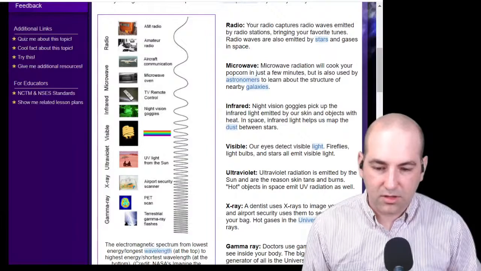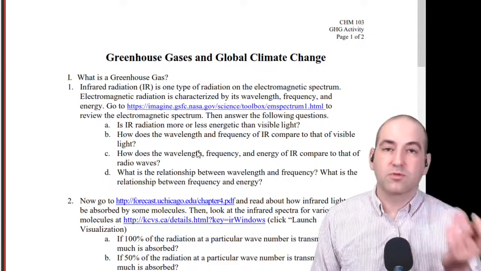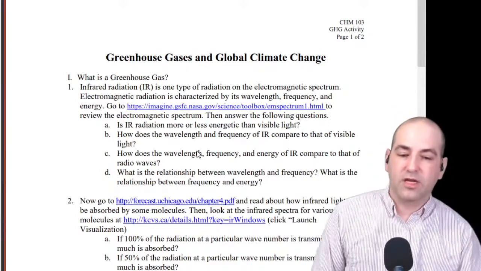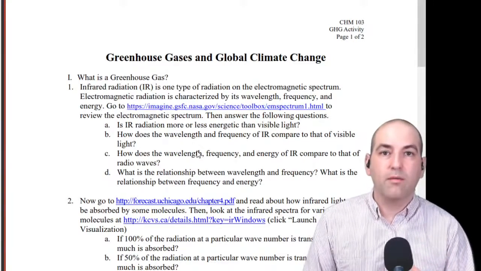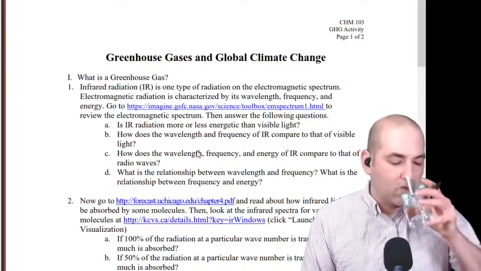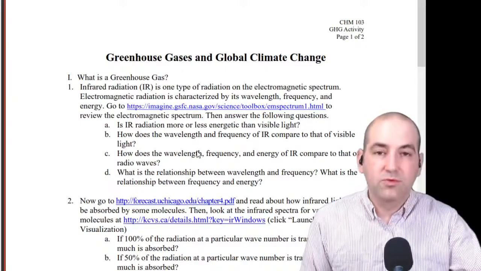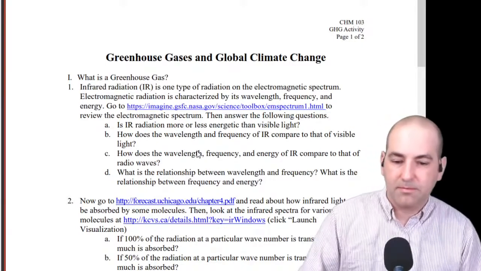Oh, whoops, I need to switch it here for you. So the first part asks you some questions about the electromagnetic spectrum, specifically about infrared light, because that's what we're focusing on when we talk about greenhouse gases and what that greenhouse effect is. It's an effect of absorbing and then re-emitting infrared light.